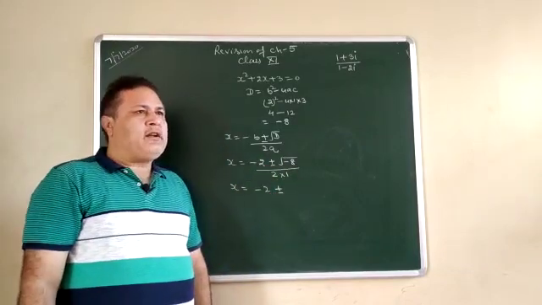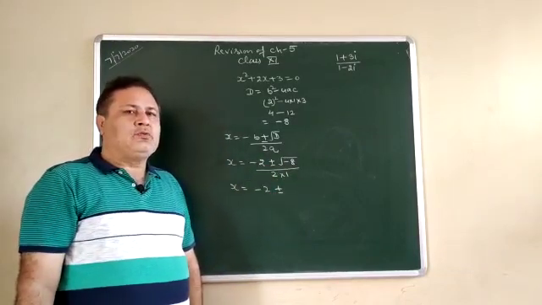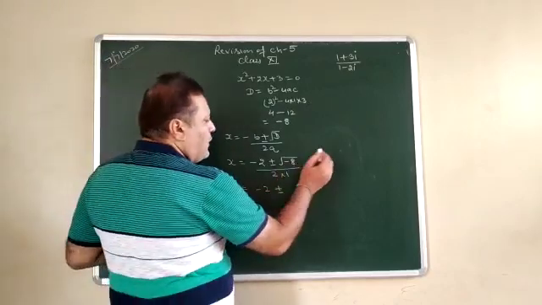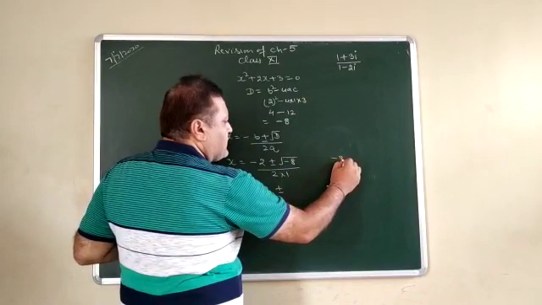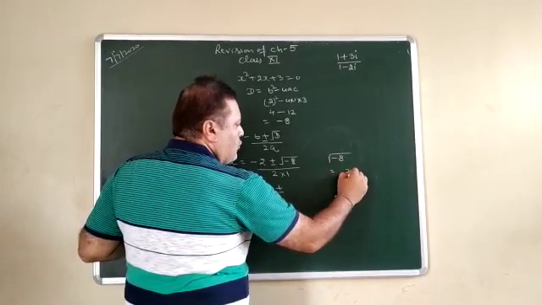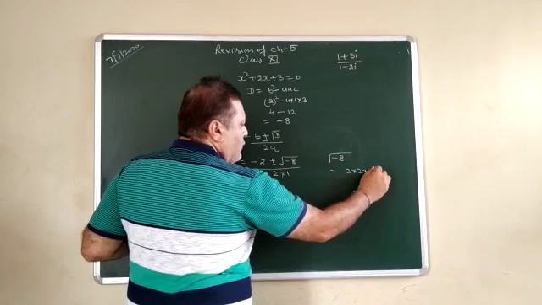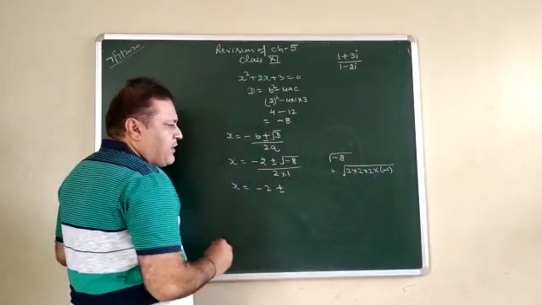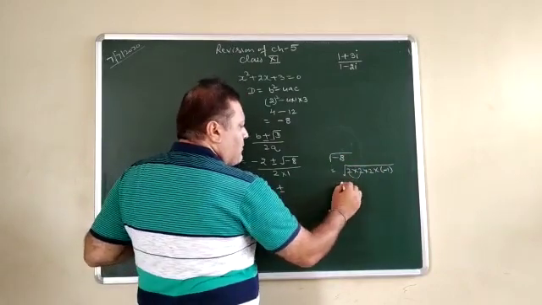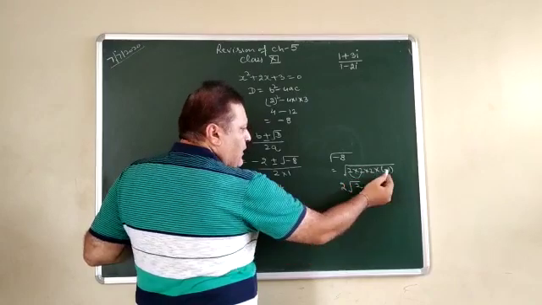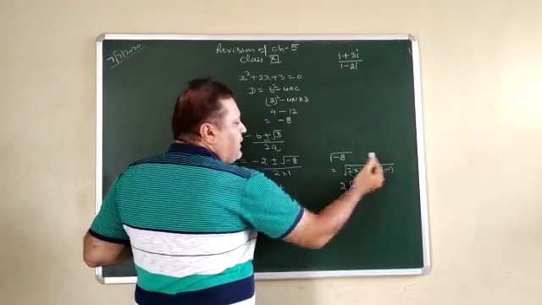If we go for factorization of 8, that is 2 into 2 into 2. For understanding, minus 8 under root can be written as 2 into 2 into 2 into minus 1. We can write it this way. So 2 comes outside, one 2 is left, that is under root 2, and minus 1 remains under root.